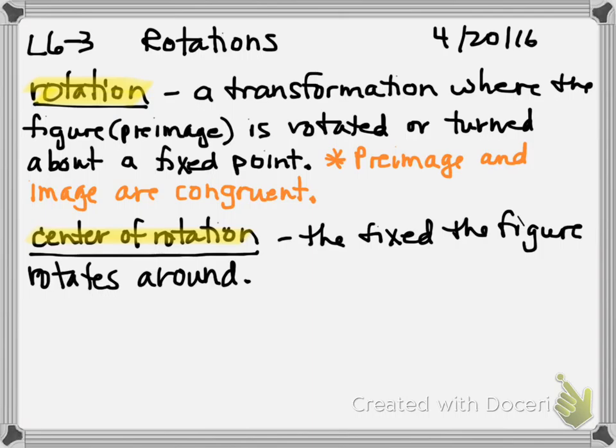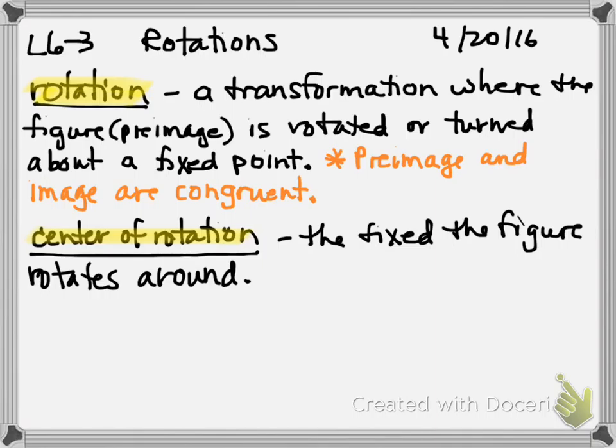And you can actually choose anything you want to be the center of rotation. In fact, the first example they give you, it's one of the coordinates of the preimage. So that point stays in its position and doesn't move. The rest of the shape moves around that point. So it just shifts. But we're not going to focus on that.